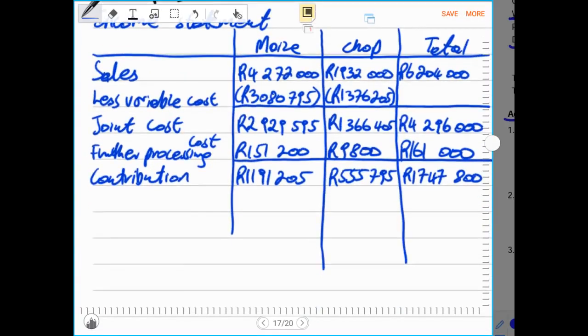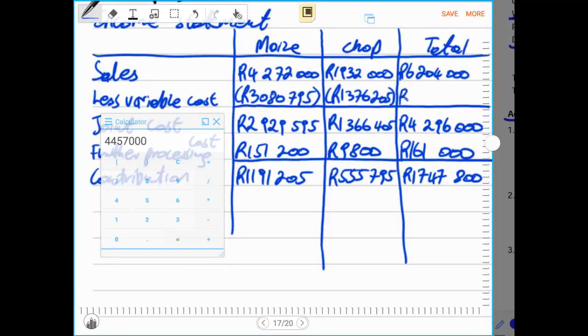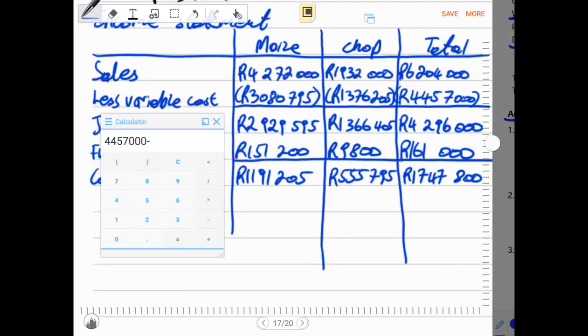Then after, now we need to deduct our fixed cost. Okay, I still have to add all the variable cost there, which is the variable cost 3,080,795 plus 1,376,205, and this gives a total of 4,457,000 minus 6,204,000.